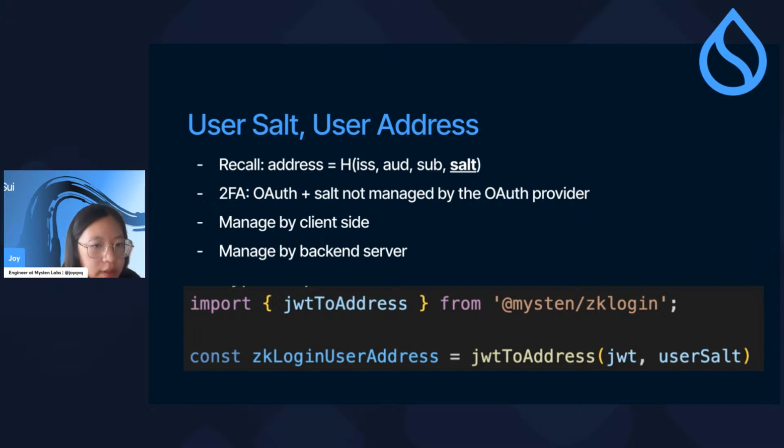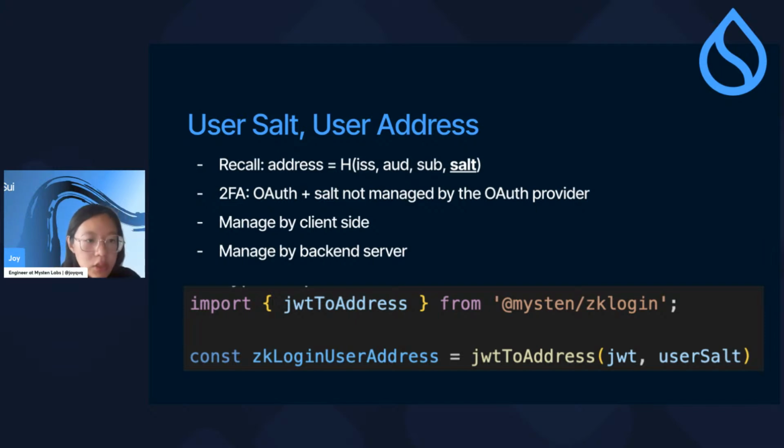There are two options here of where to keep the salt. We'll cover a little bit more of the differences a little bit later. But the idea here is that the salt is not a private key. It is something sensitive because you do need to know it to be able to transact in your zkLogin address, but it's not the only thing that's needed.